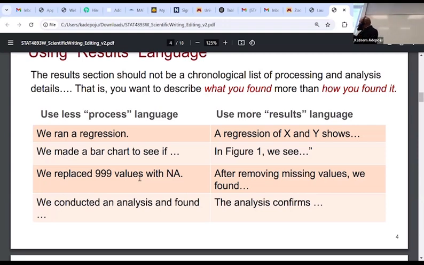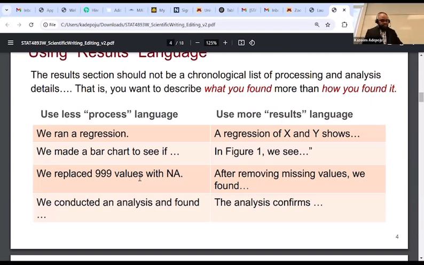With 999, you're going to confuse the audience. They don't know the meaning of 999. So instead, you can say after removing the missing values, maybe the mean of Y increases by 5% or decreases by 5%, and so on like that.